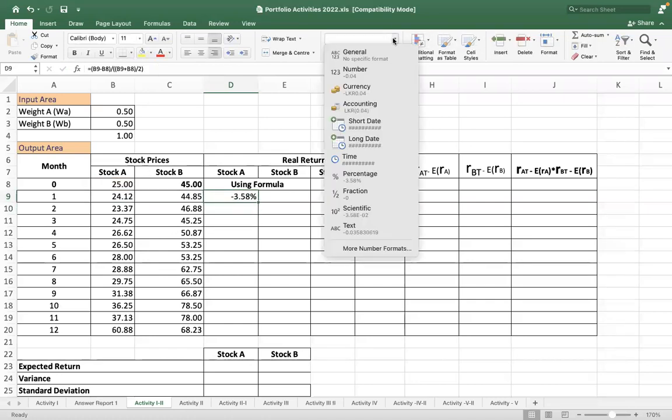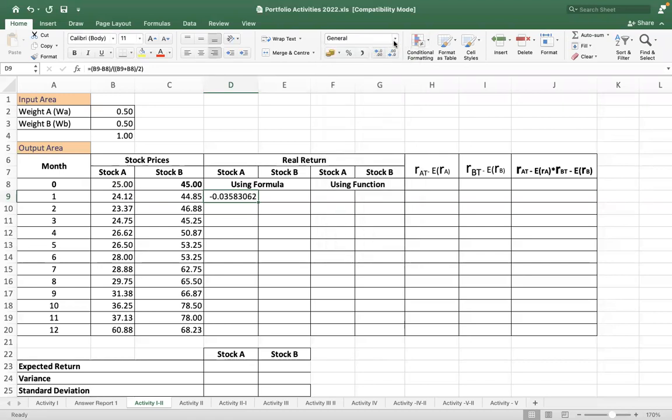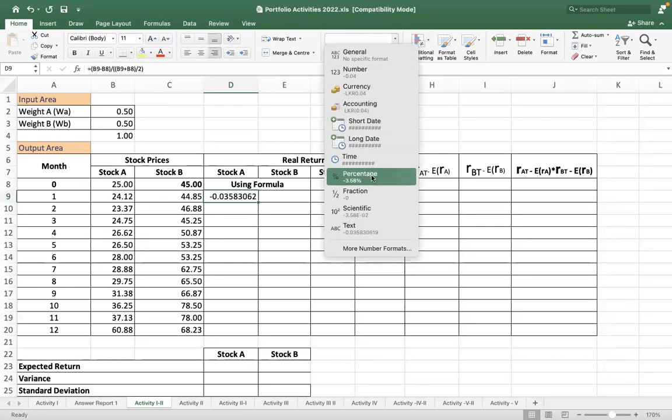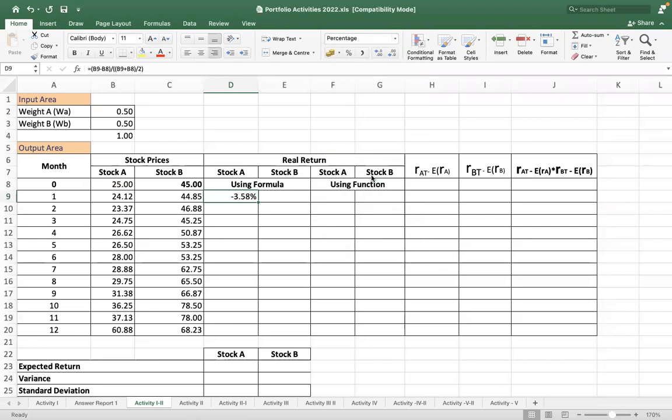I have given it in percentage value, so just convert it into percentage, right? Let me do it again. Open bracket, today's price minus previous price, close the bracket, divided by the average price, in the sense of plus these two and divided by 2, since we have two prices.